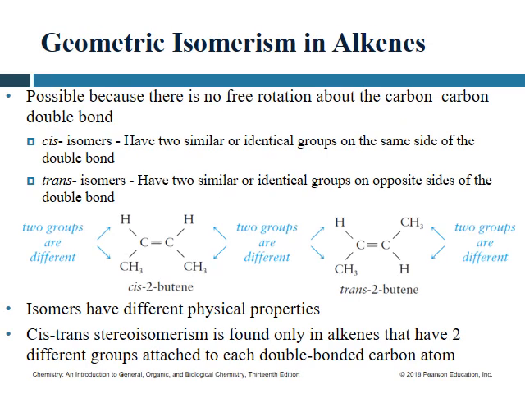So now let's talk about the geometrical isomers present in alkenes. We already talked about the geometrical isomers in cycloalkanes, now in the alkene chapter. So geometrical isomerism is normally present where you don't have any free rotation across a carbon-carbon bond.